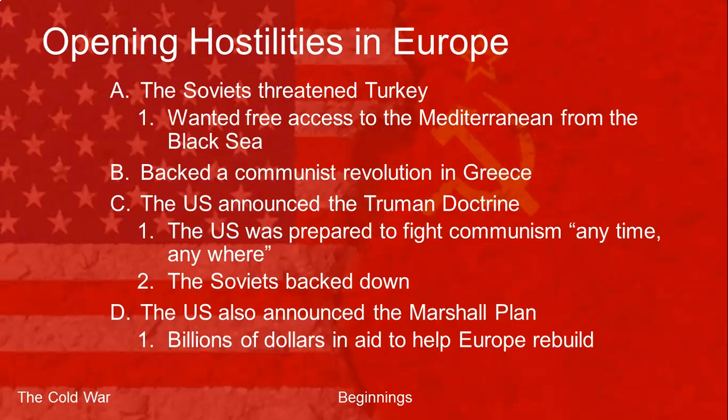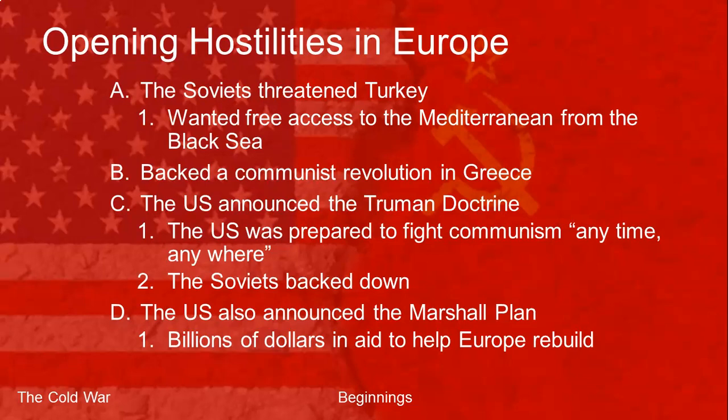And there was a fear that if the governments in Western Europe couldn't rebuild fast enough, that people would turn to communism. And so all this money is given to Western Europe to help them rebuild. And sure enough, within 10 years, Western Europe was rebuilt in terms of their economy.